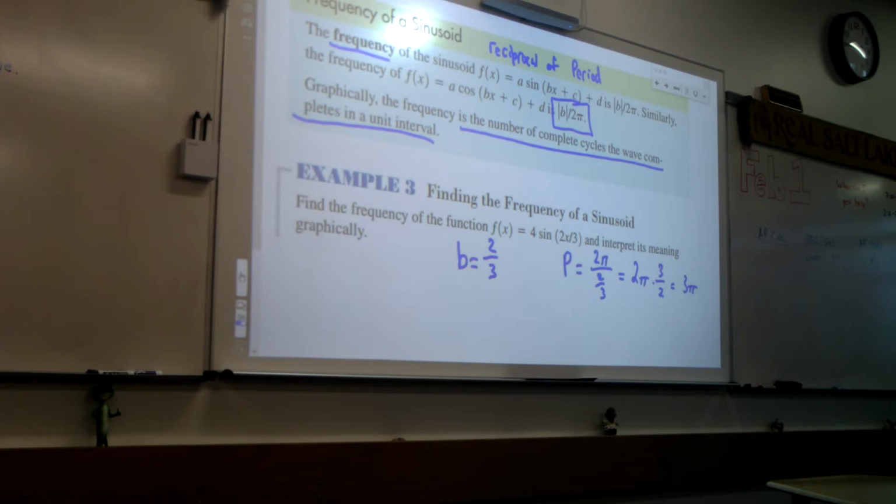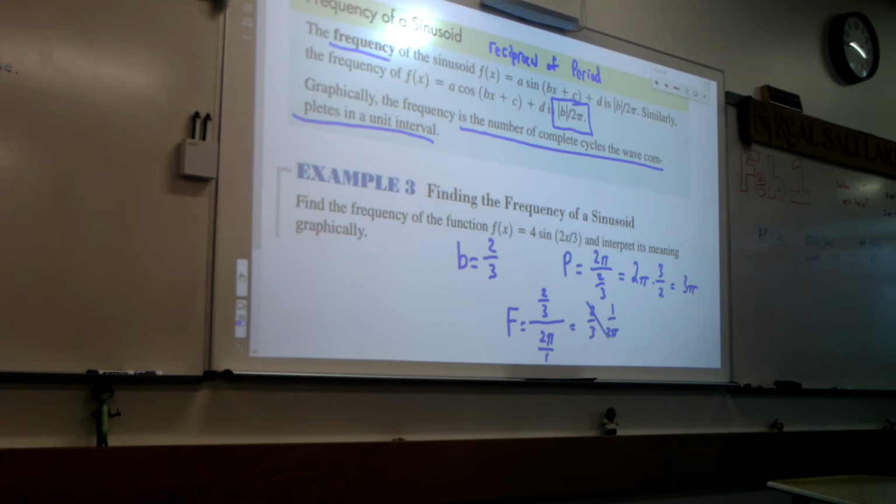Okay? But now when we're talking about frequency, we're actually going the opposite direction. So I'm going to go the opposite, where I do 2/3, and then we're going to divide that by 2 pi. And for simplicity's sake, I'm going to think of that as 2 pi over 1. I'm going to keep change flip here and do 2/3 times 1 over 2 pi.